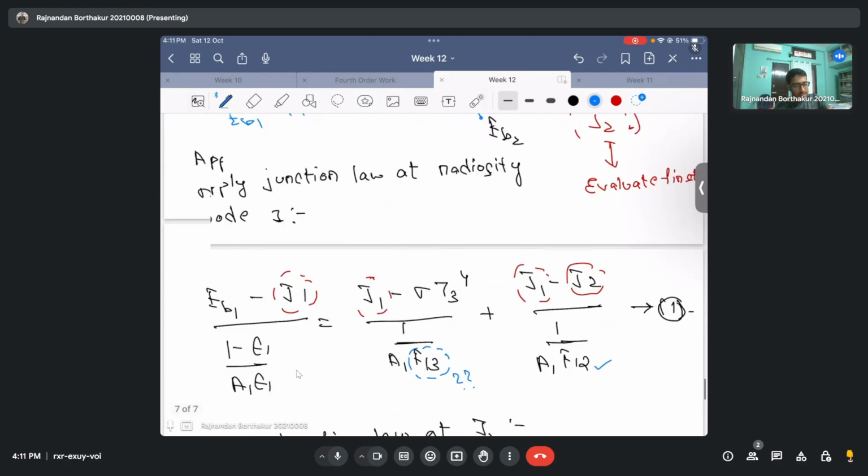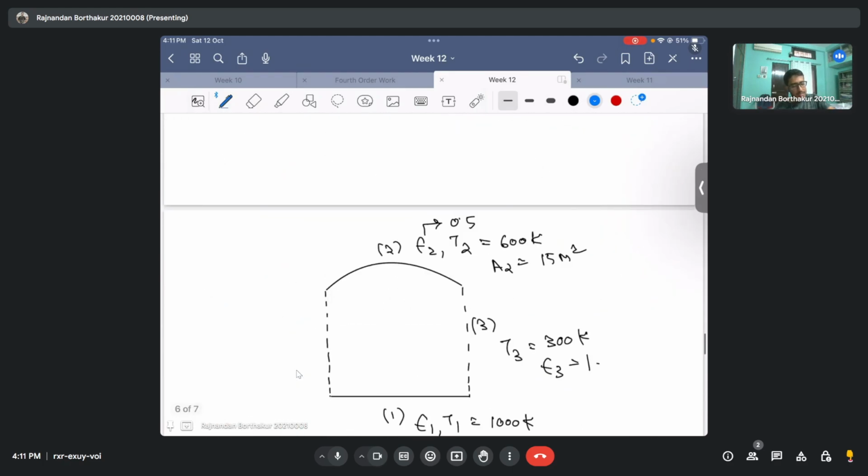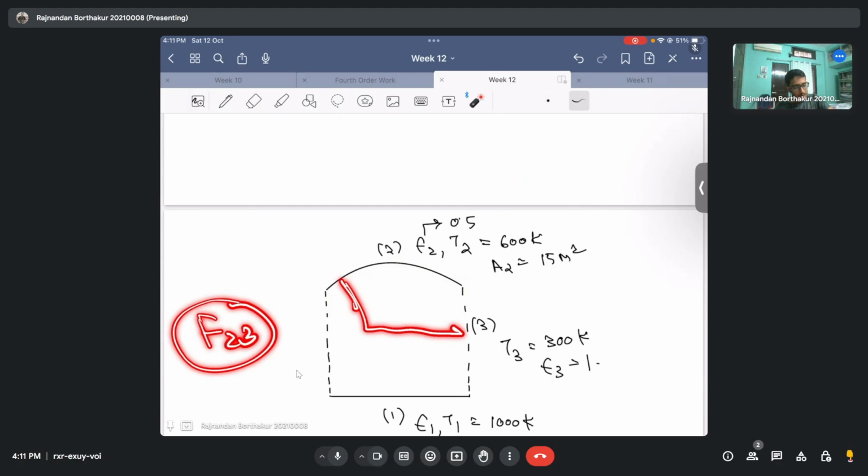Because F23 is a little bit of a critical scenario, because this surface is a curved surface. It's not a flat surface. Had this been a flat surface, things would have been much simpler, I would say. Because what I need to find out is F23, right? F23 is the fraction of energy that is leaving surface 2 that is striking surface 3, that is the room.